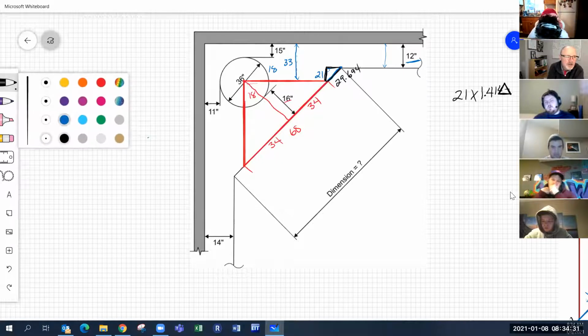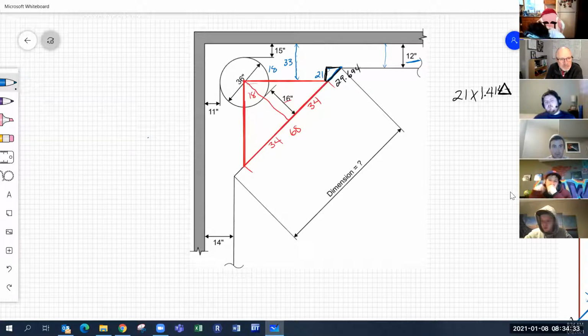Now I will solve for this particular piece down here at the bottom, and I'll draw my right angle triangle right there. There it is. Now I should have said something before I started this. This is NTS. Does everybody know what NTS means?